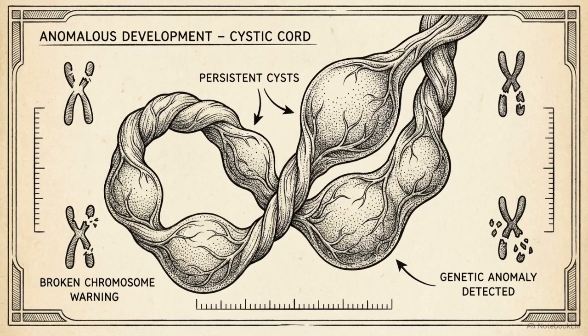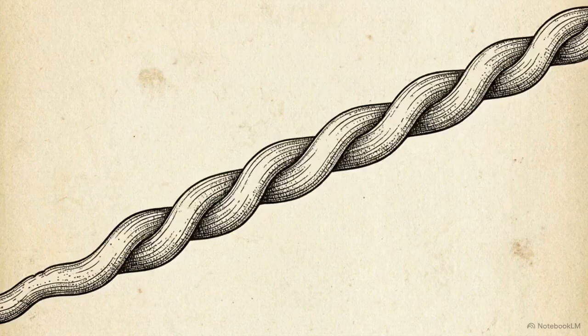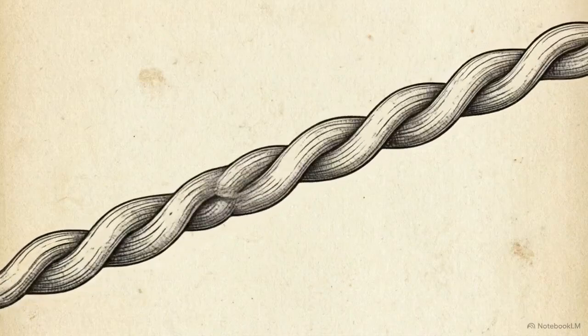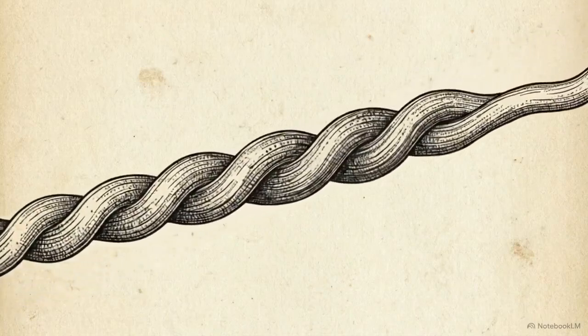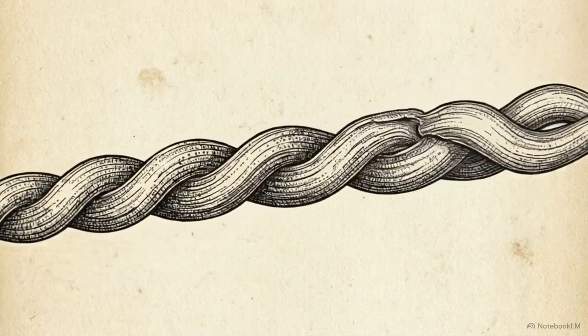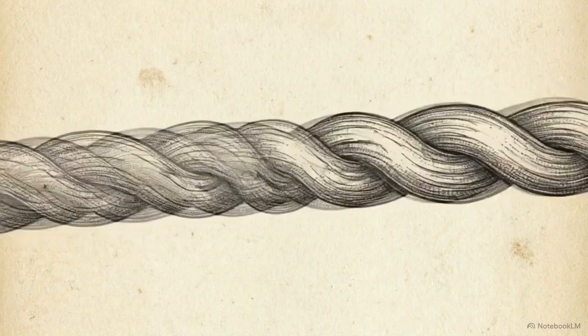Their persistence into the 3rd trimester indicates a failure in embryonic regression, an anatomical marker often associated with trisomy 13 and 18. Evaluating the umbilical cord maps the physical limitations of this vascular tether. It lets clinicians predict where mechanical stress will cause vessel failure.